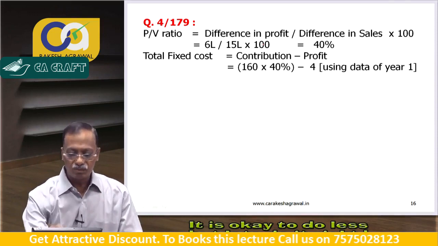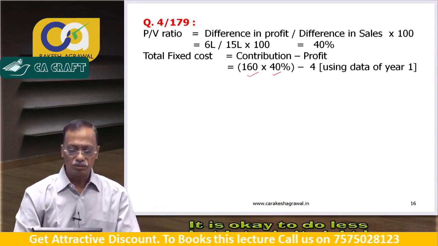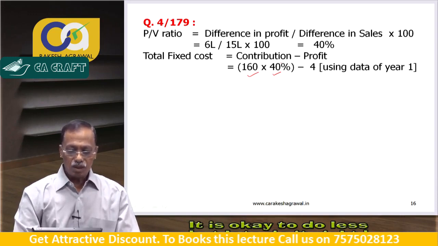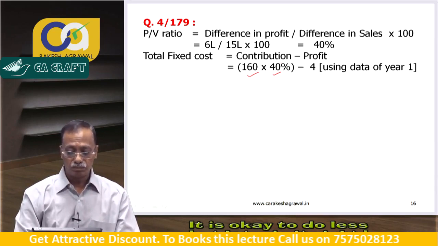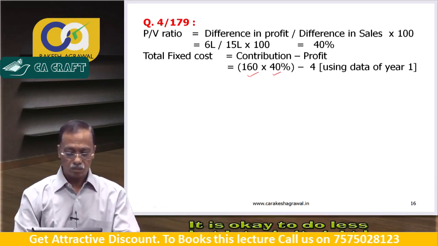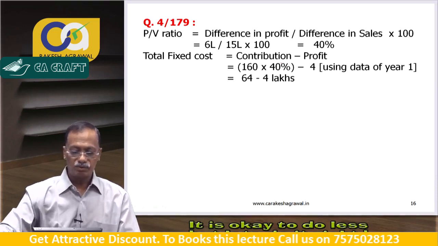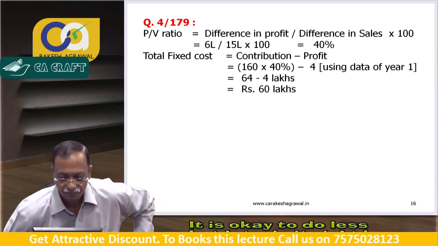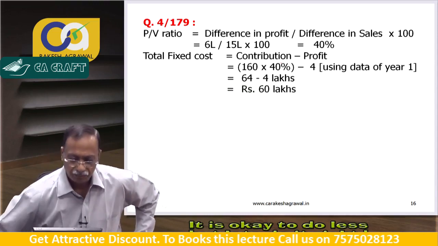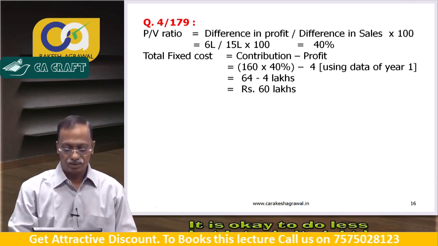I have used year 1 data, so I have taken sales into PV ratio to calculate contribution. Sales into PV ratio minus profit, and you get 64 minus 4. That is 60 lakhs. So your fixed cost becomes 60 lakhs.